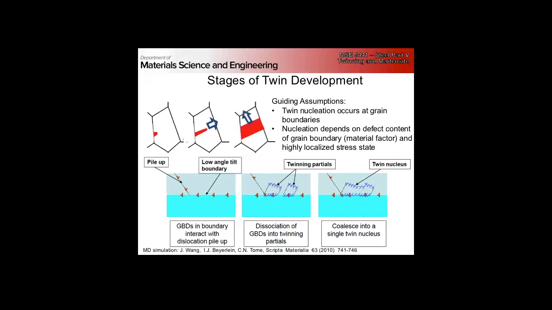So this is a really sort of simplified schematic of what my personal belief of how twins grow, right? So these twinning partials that dissociate from the grain boundary coalesce to form a twin nucleus.